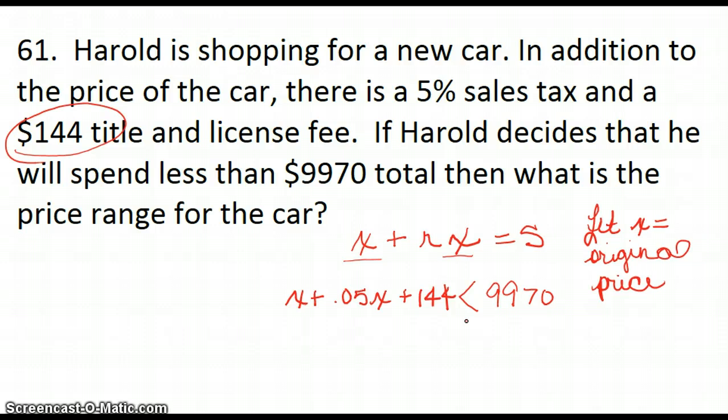So now we just have to go through and solve this. And you solve these the exact same way you would solve an equation. So I'm going to combine my like terms, giving me 1 5/100 X plus 144. I want that to be less than 9,970. Okay, subtract 144 from each side.